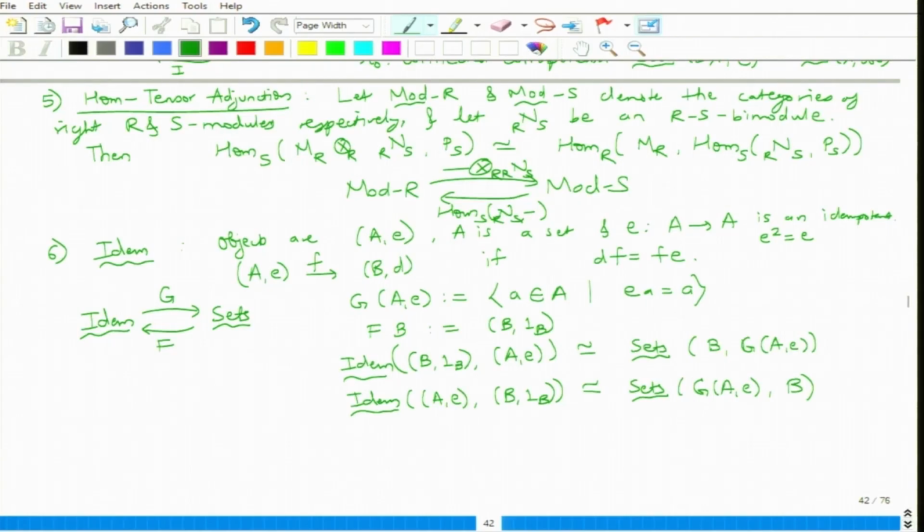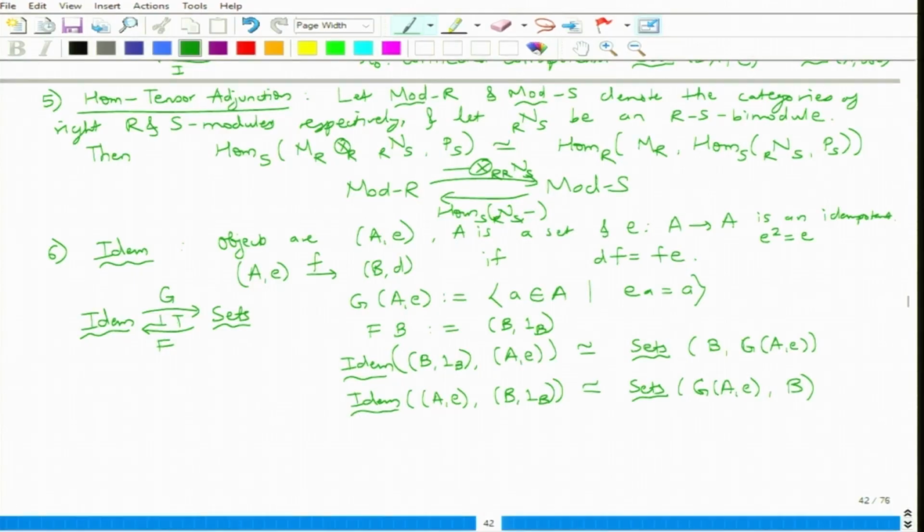G is left. Okay, now Suyash is saying G is right and Debajyoti is saying G is left. Which one is correct? The answer is both. So this is an example where F is a left adjoint of G and F is a right adjoint of G. Both are true. That's why I gave you some time to think about them.